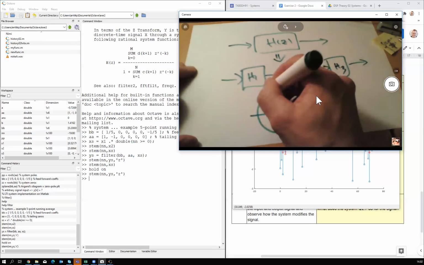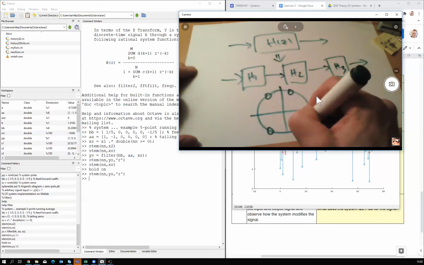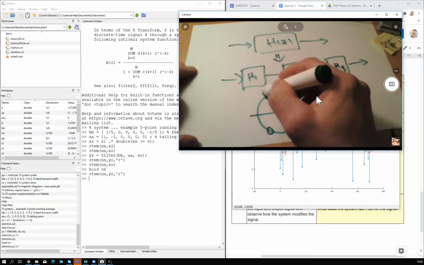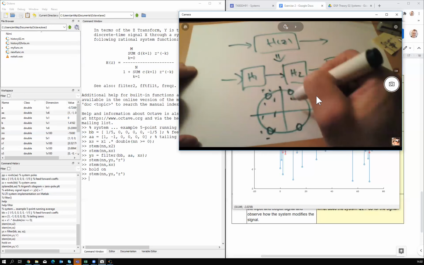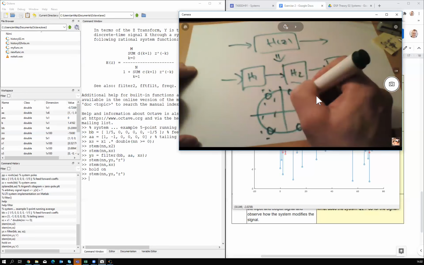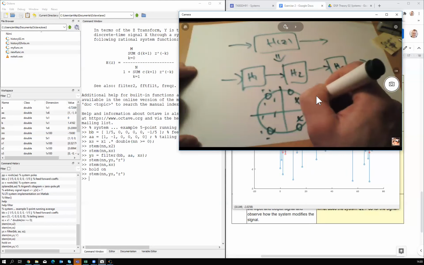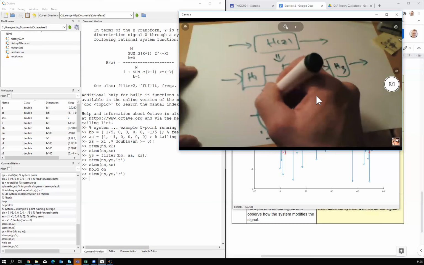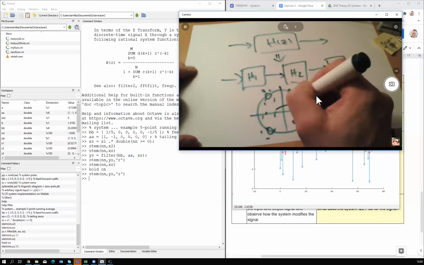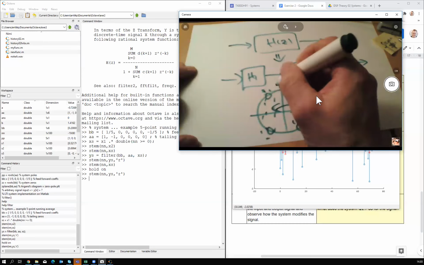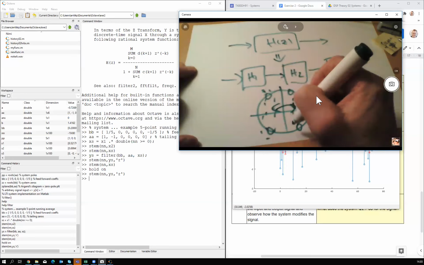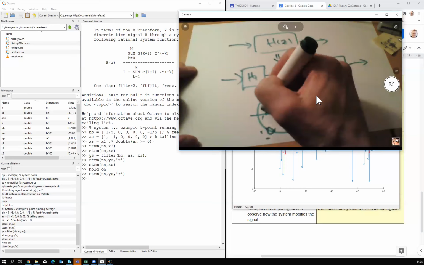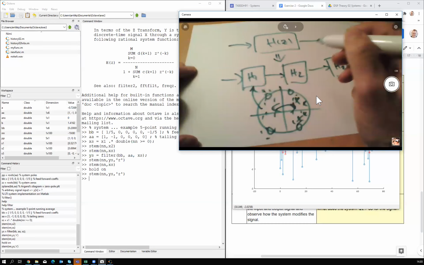If you have zeros like this, you can pair these and combine those with a couple of poles here. These zero pole pairs represent one of these systems.